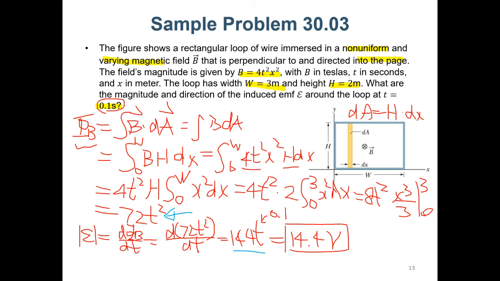Which means that the induced field should be out of the page. And in this case, using the right hand rule, we know that the EMF should be counterclockwise.